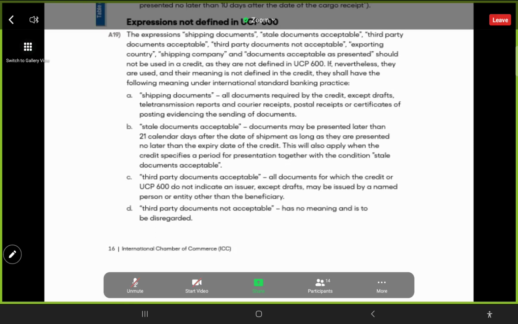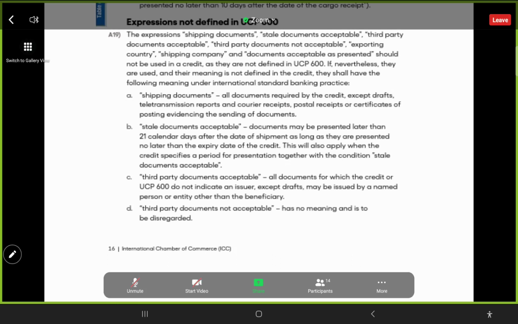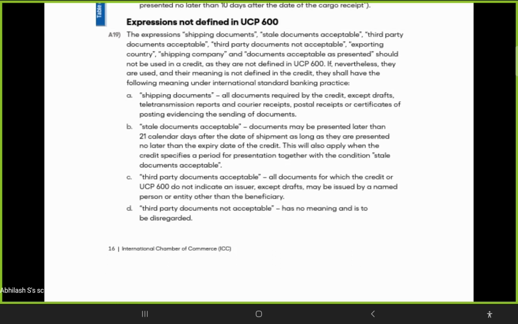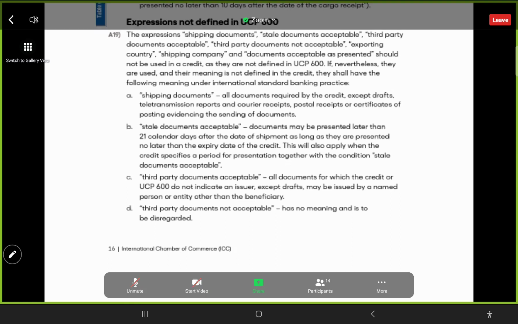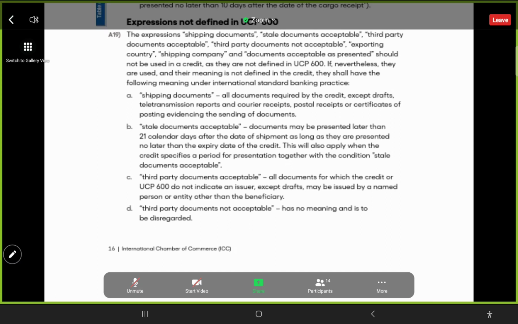Invoice, draft, insurance. Beneficiary certificate. Beneficiary certificate is to be issued by the beneficiary only, as the name suggests.